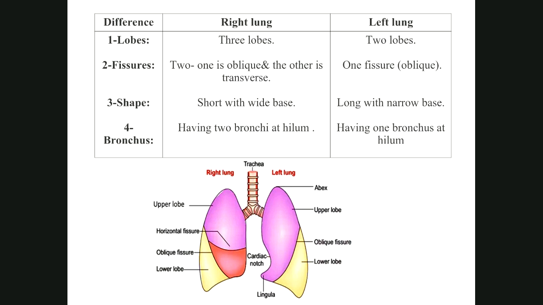The right lung is short and has a wide base, whereas the left lung is long with a narrow base, due to compression by the heart. And the bronchi: 2 bronchi at the hilum in the right lung and 1 bronchus in the left lung. So these are the differences of the lungs.